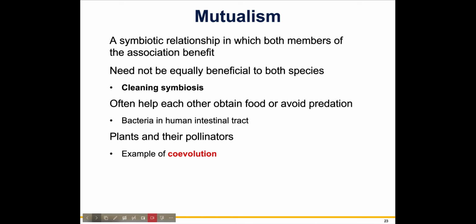We also see mutualism with our plants and their pollinators. Plants get their gametes, their pollen, moved to make seeds. And then, of course, our pollinators are getting food. And there is an example of what we call coevolution with our plants and our pollinators.